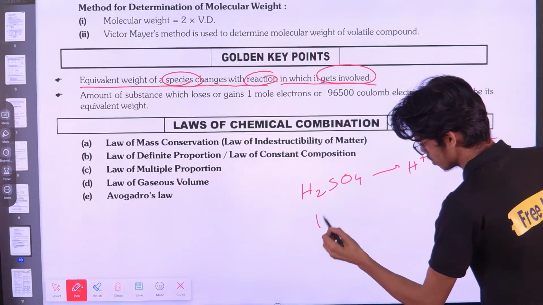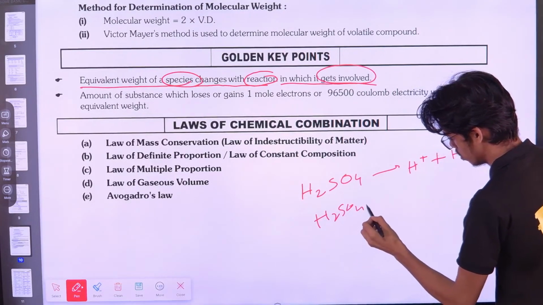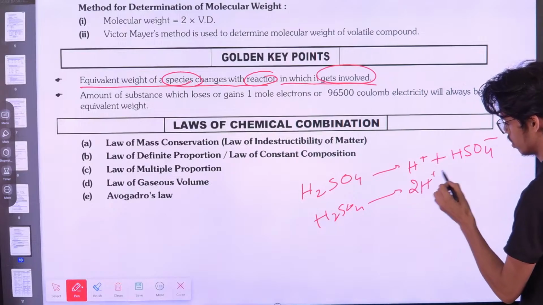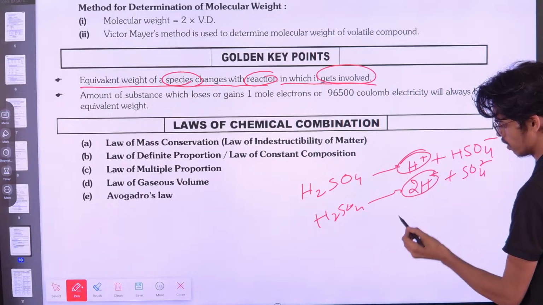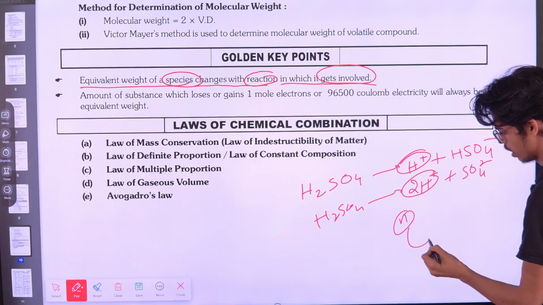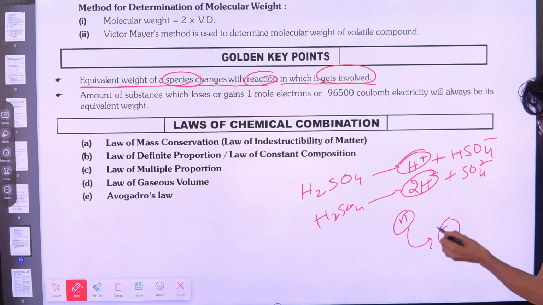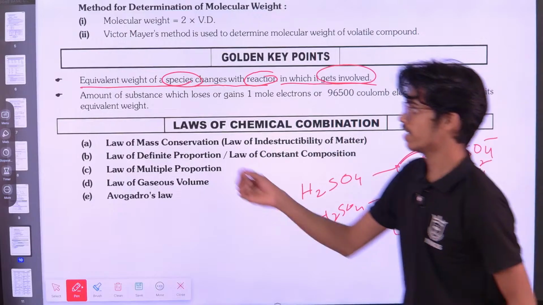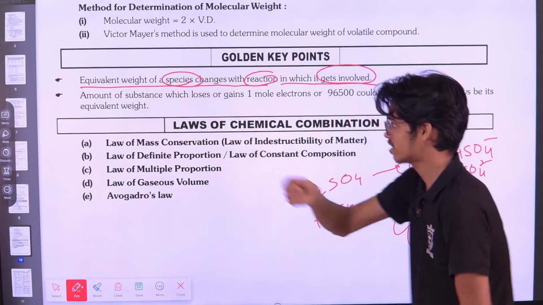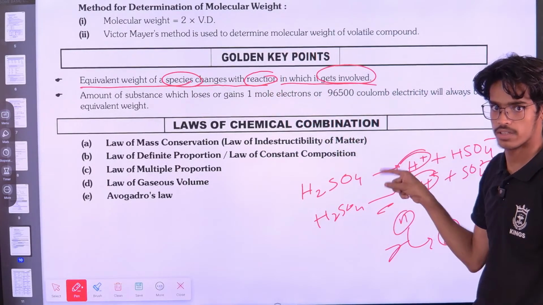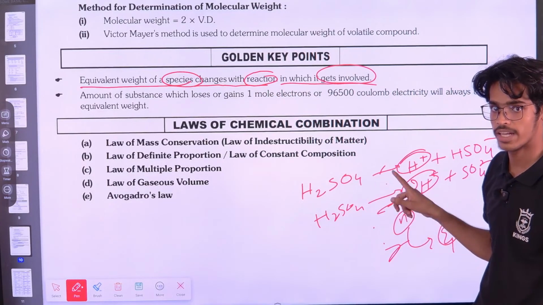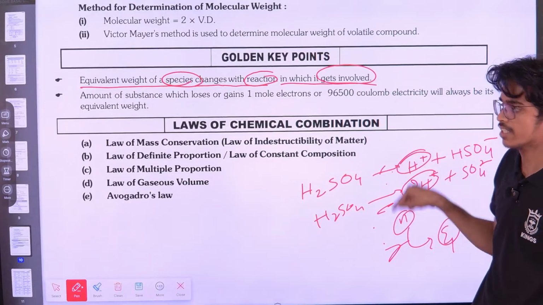In some cases it will give both hydrogen ions. Got it? So the number of H positives are different, the value of n is going to be different, so it means the equivalent mass is going to be different. Got it? So that is why it is said equivalent weight of a species changes with the reaction in which it is getting involved. Understandable?